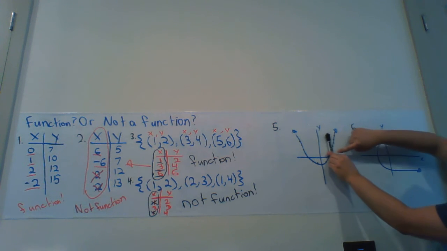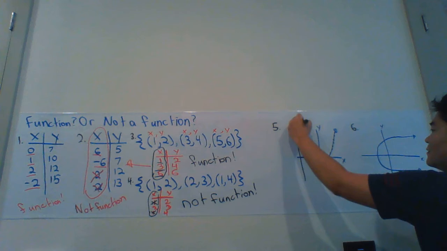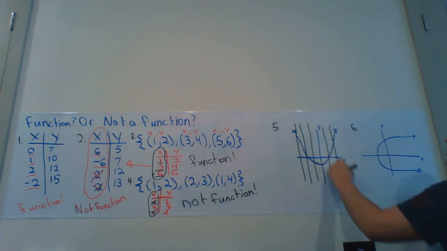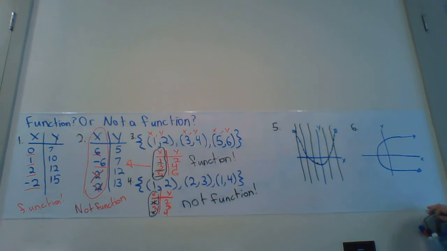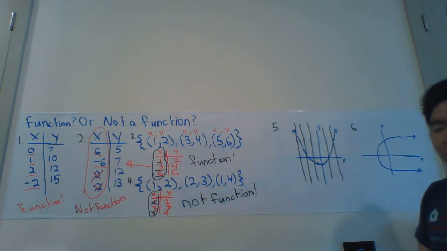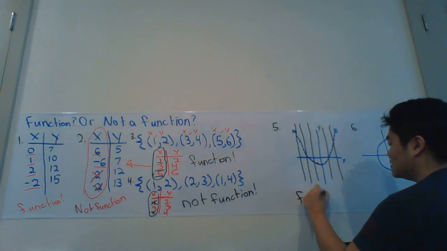If I'm over here, it only hits here. And I can represent this with a bunch of vertical lines. So since you can see, all of these vertical lines will only touch my graph one time. Because of that, it is a function.